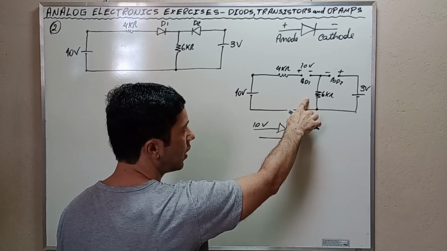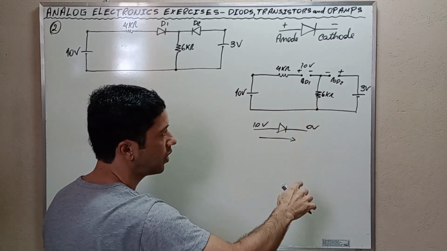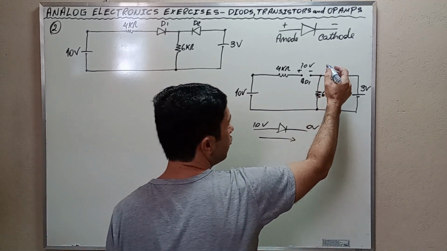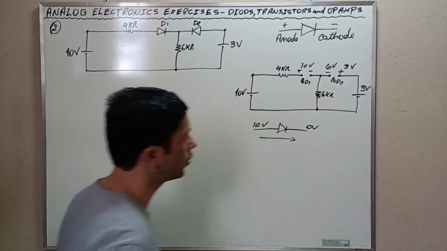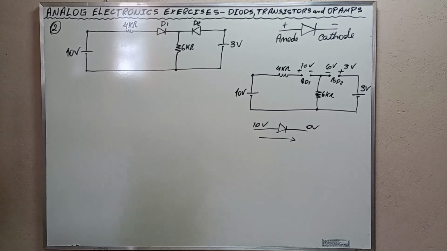There is going to be a current here, and this current causes the voltage here to be 6 volts and here 3 volts. And in this way, we have proved again that the diode D2 is off, because we can see that its cathode is higher in potential than its anode.